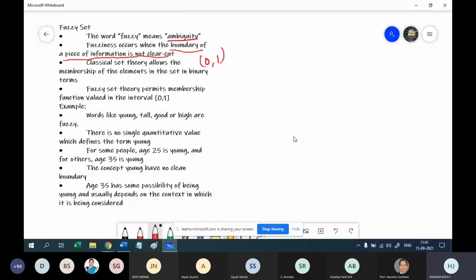But the fuzzy set theory permits membership values in the interval 0 to 1, which means values between 0 and 1, like 0.1 or 0.2.